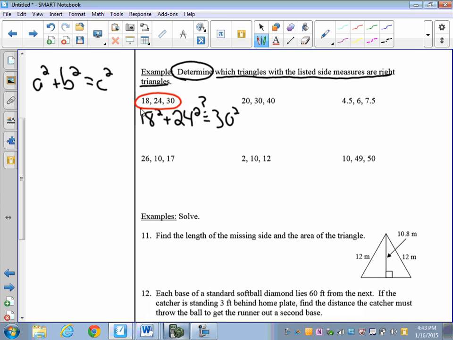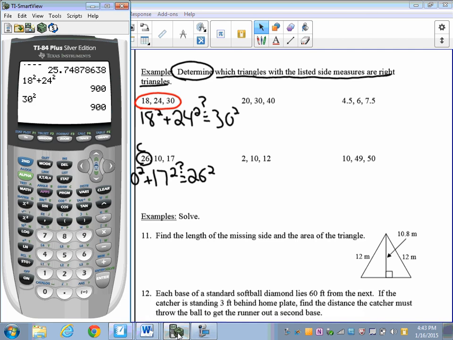Let's try this one beneath here. 26 is the biggest number, so that's going to be C. So we have 10 squared plus 17 squared. Does that equal 26 squared? So the left side's equal to 389, and the other side's equal to 676.